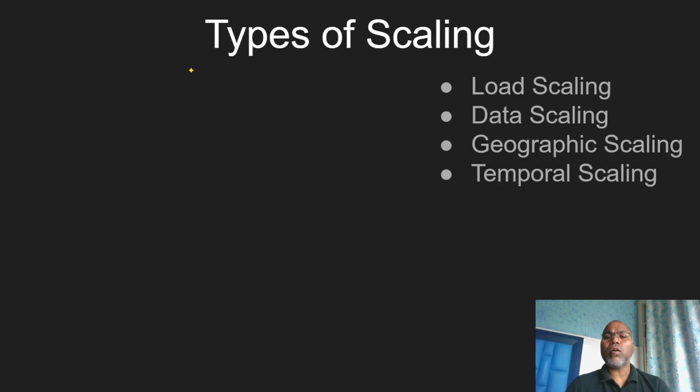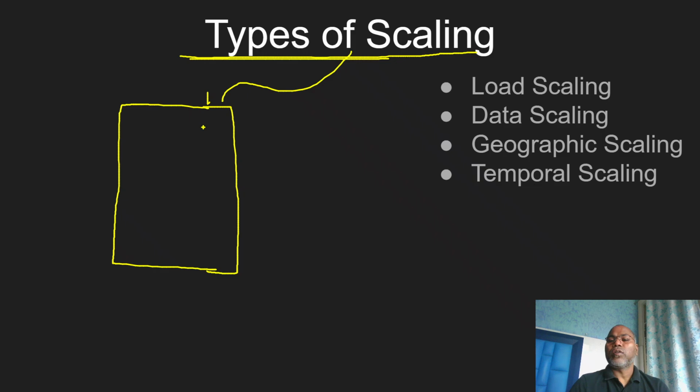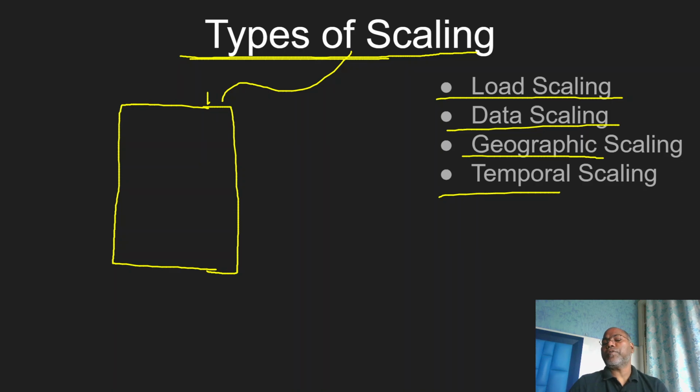So let's talk about the types of scaling. Whenever you are building a system, there are a couple of places where you are going to scale it: one is load scaling, one is data scaling, one is geographical scaling, and one is temporal scaling.